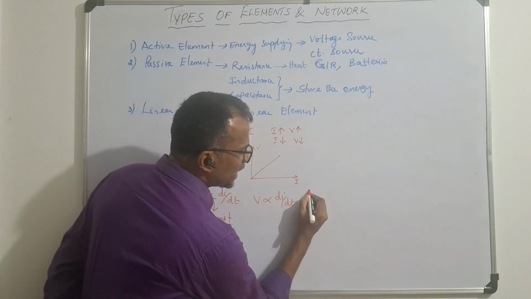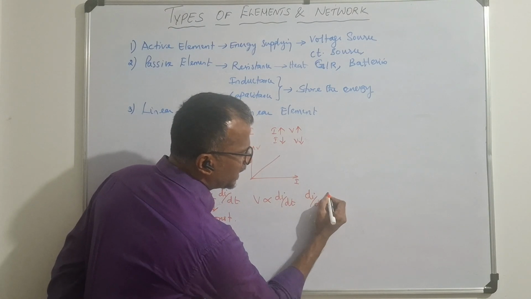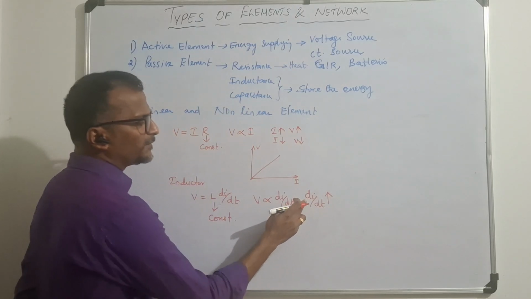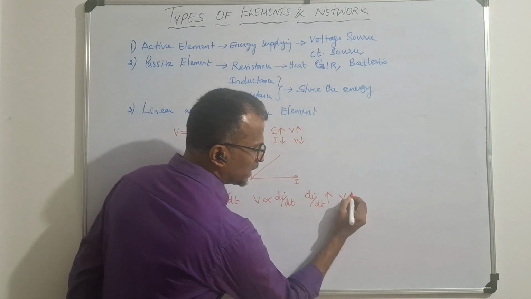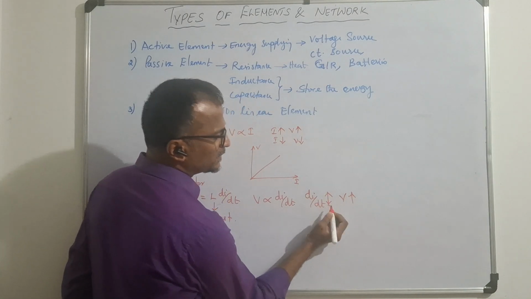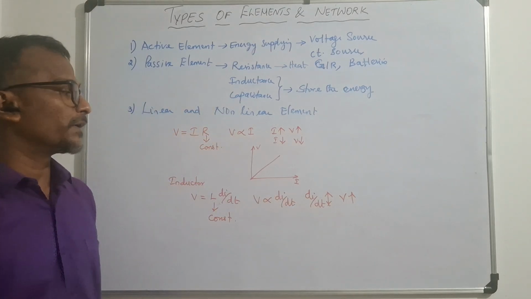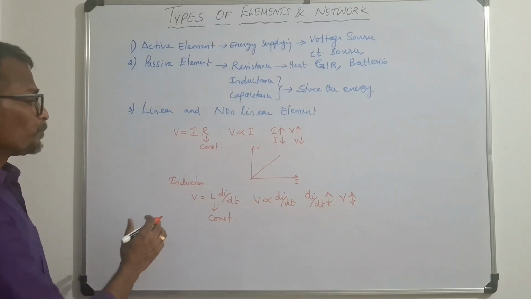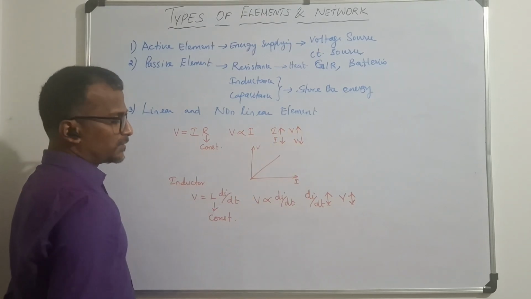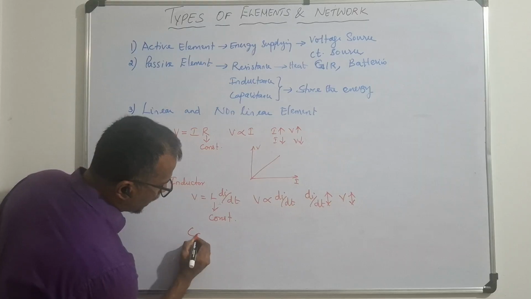When di by dt, the rate of change of current with respect to time, increases, voltage will increase. Similarly, when di by dt reduces, voltage will also decrease. So this is also a linear relation, right? Then another one, capacitance.